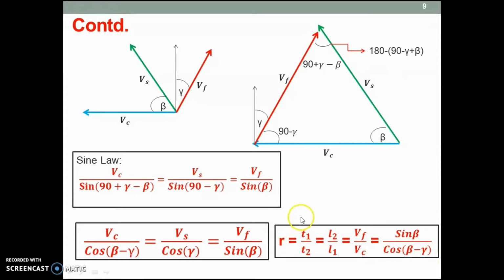In some problems, if T1 and T2 are not given directly, they may be given in the form of an angle. From that angle also you can calculate the chip thickness ratio. So this is the relationship between the three velocities, VC, VS and VF.